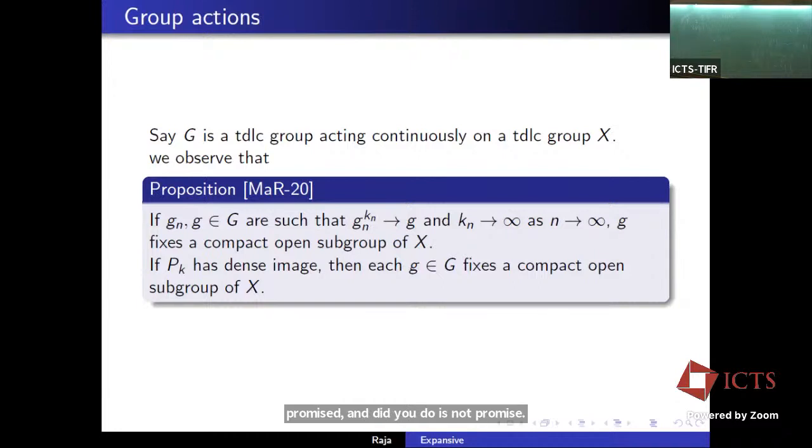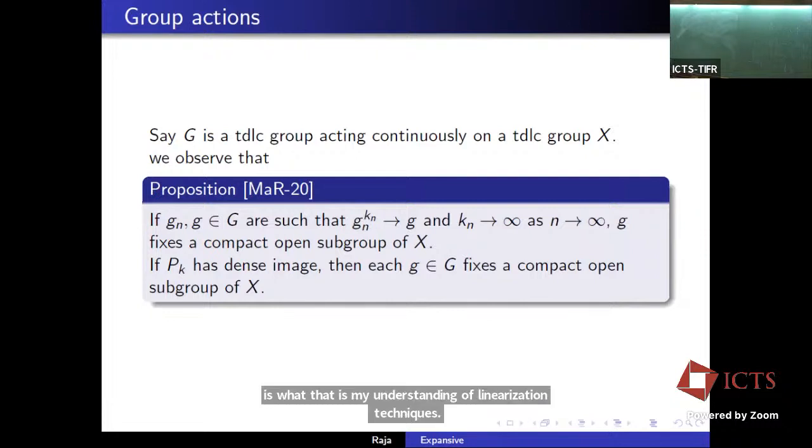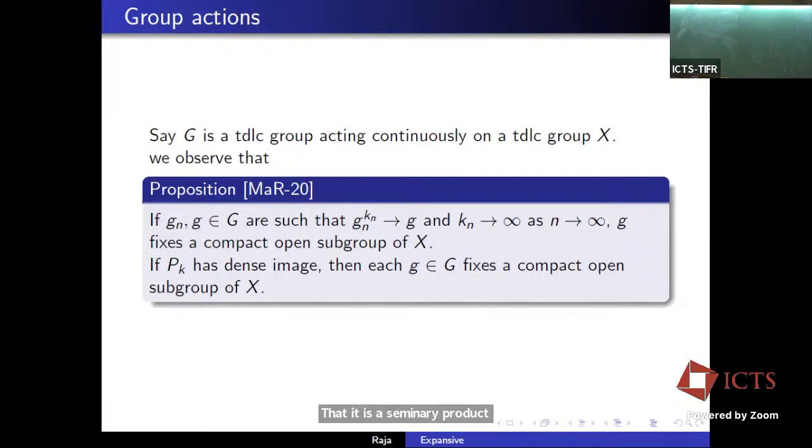So what I generally call the semi-direct product technique is also the technique that Professor Dani uses in linearization. That is my understanding of linearization techniques: it's a semi-direct product technique. You just look at this group, don't look at G, but look at this semi-direct product.